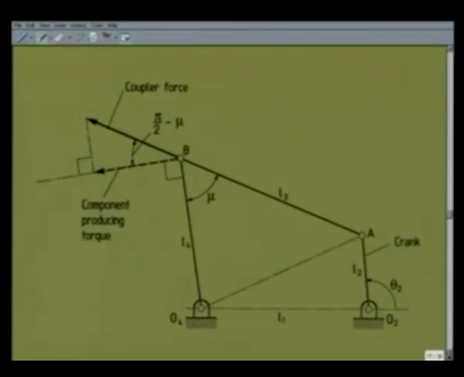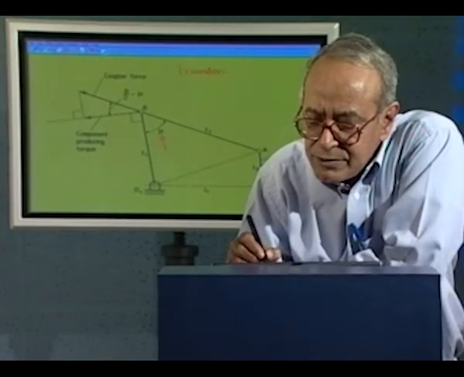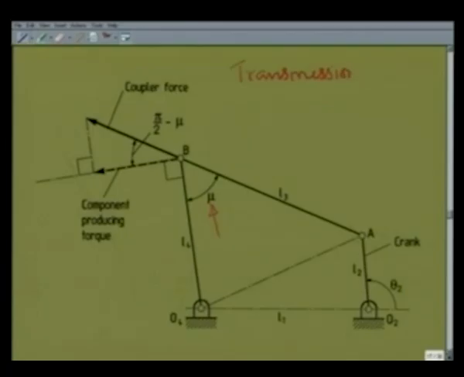However, the transmission angle is defined as the acute angle between the coupler, that is AB, and the follower O4B. This is what is shown as the angle mu. So, we define the transmission angle is equal to mu, which is the acute angle between the coupler and the follower.